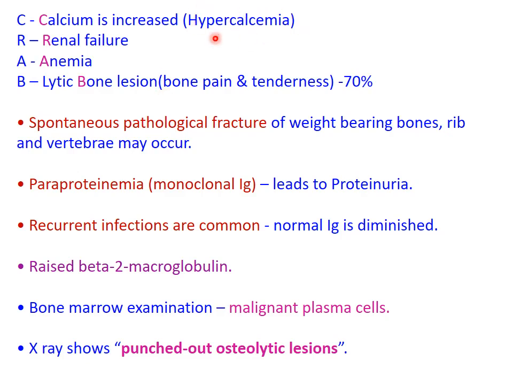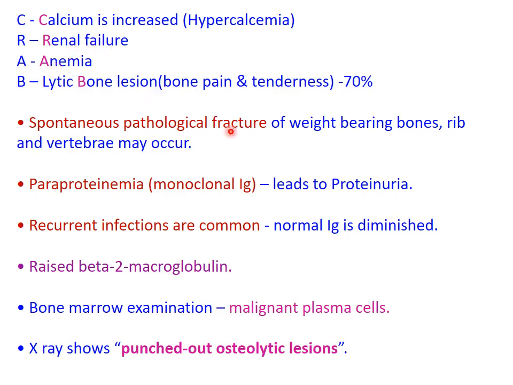So there is hypercalcemia. There is severe production and destruction of the particular immunoglobulin. So the protein increases, and also the calcium, and the kidney can't handle the stress. So renal failure, and the bone marrow cannot produce hemoglobin properly, so anemia.